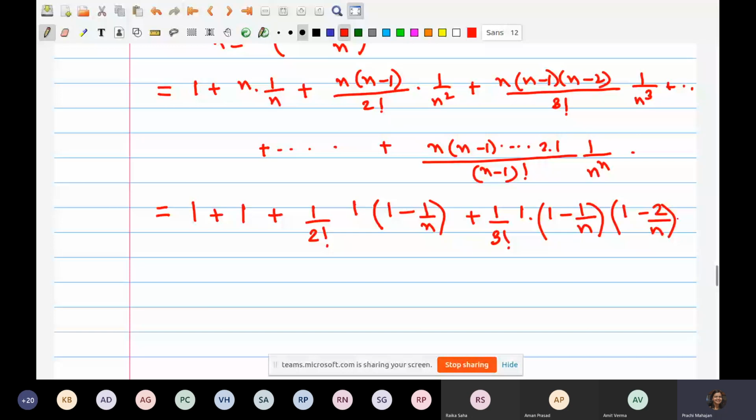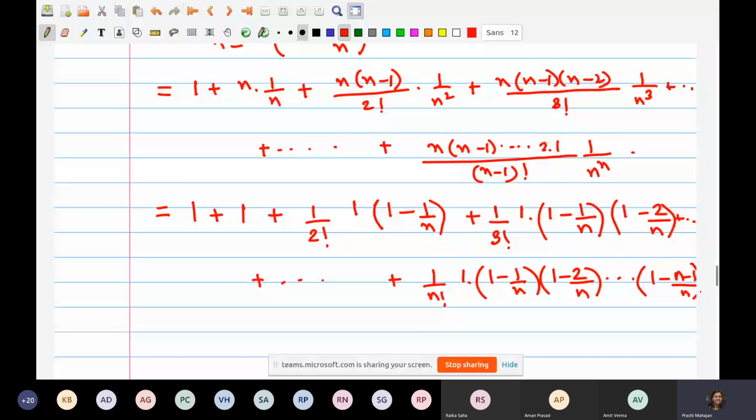The last term would be 1 by factorial n, times 1 times 1 minus 1 by n, 1 minus 2 by n, the product, and the very last factor would be 1 minus n minus 1 by n. So what is this? This is the nth term of the sequence xn.